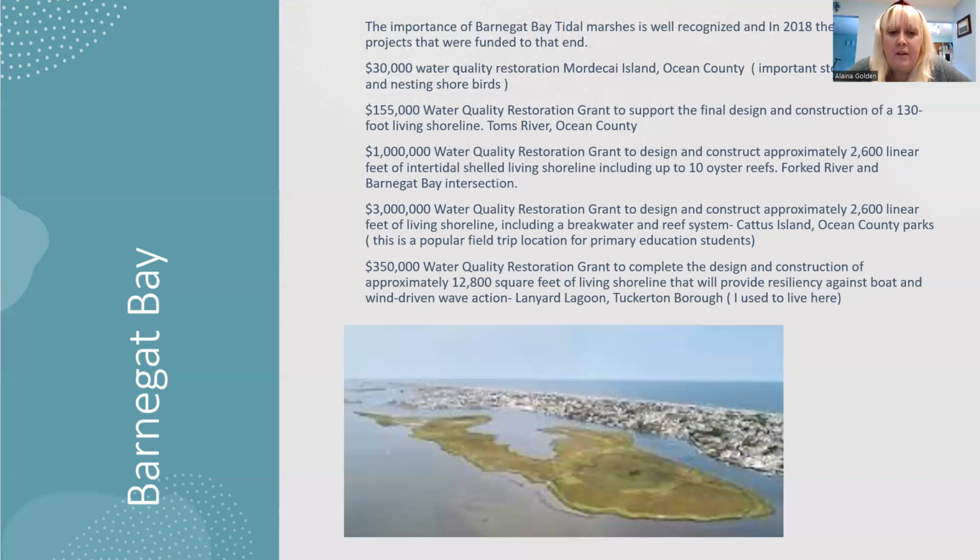Then we've got a $3 million water quality restoration grant to design and construct another 2,600 feet of living shoreline, including a breakwater and reef system. And this is around Caddis Island, which is another Ocean County park. Caddis Island is one of those places where every child in New Jersey goes on a field trip.